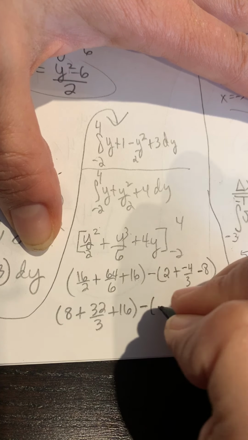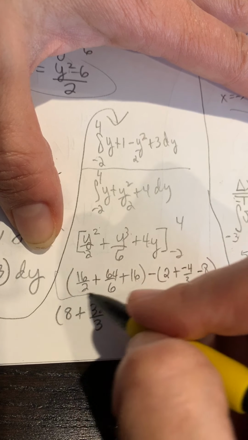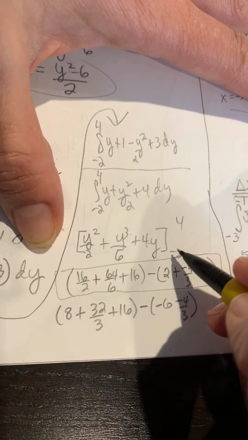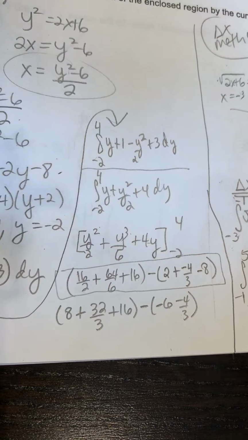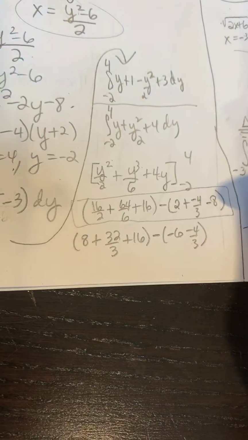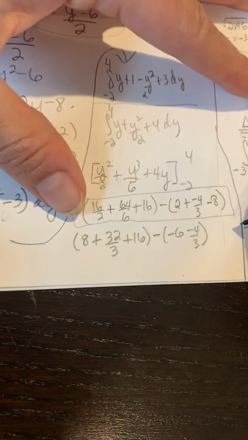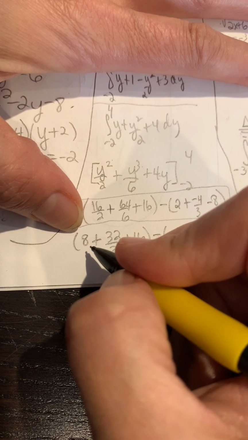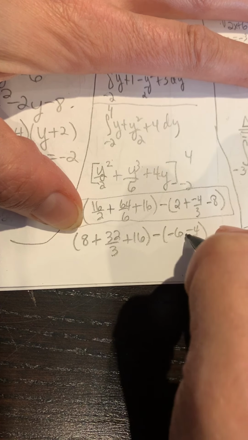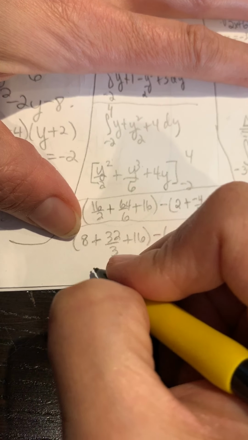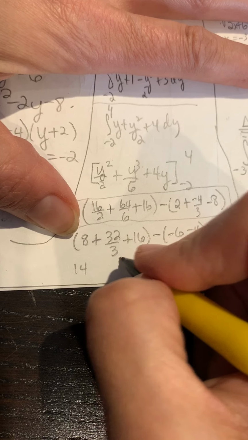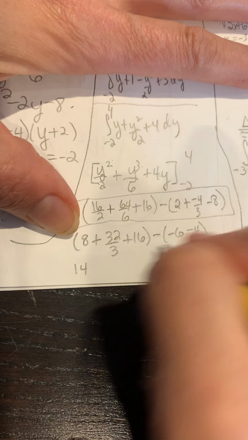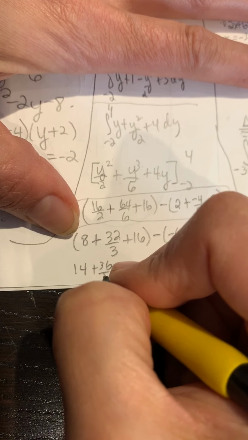Technically speaking, just so you know, as soon as you plug them in, this is actually correct, and you would be done on the AP. But for now, I figure it's right to finish off the whole thing. So 8 minus -6 is 14. And then 32 over 3 plus 4 over 3 is 36 over 3.